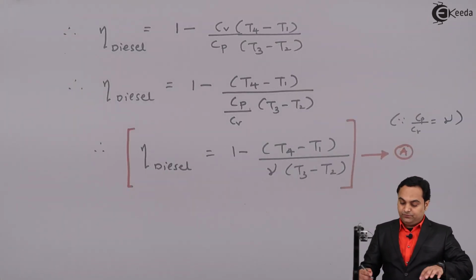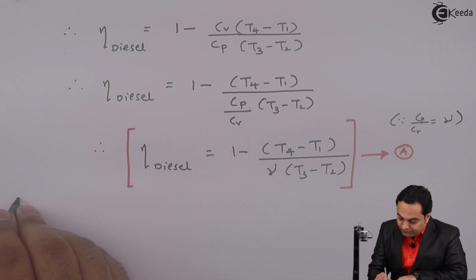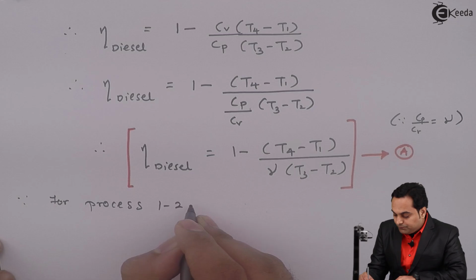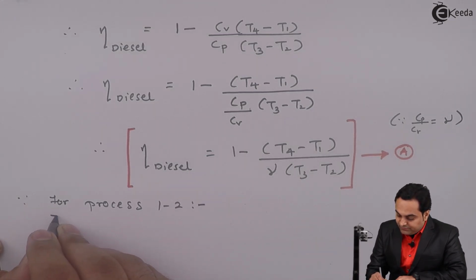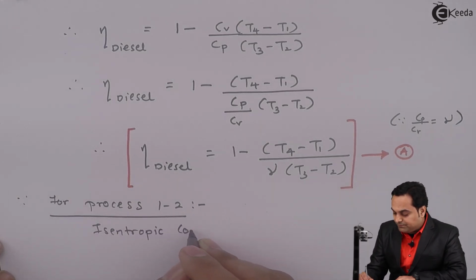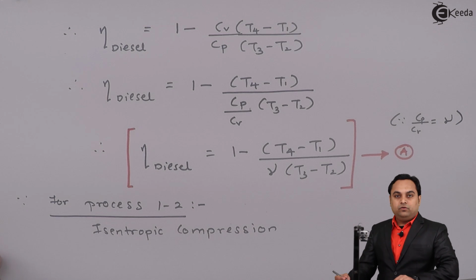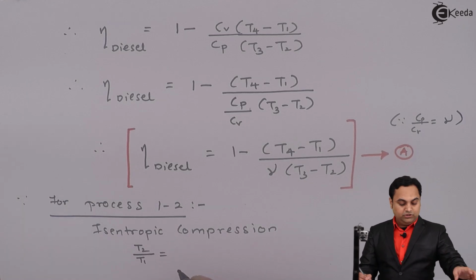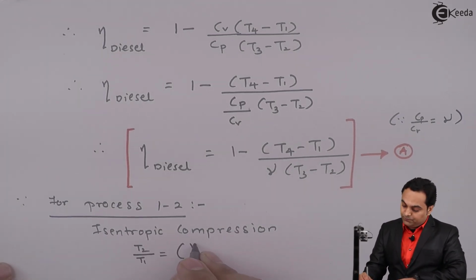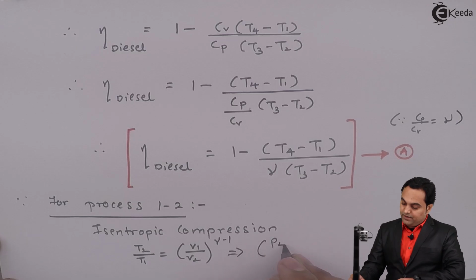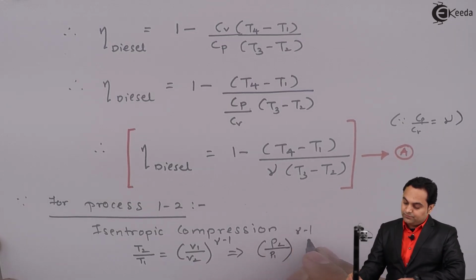So for process 1 to 2, as it is isentropic compression, we can write down T2 upon T1 is equal to (V1 by V2) raised to gamma minus 1, and it is also equal to (P2 by P1) raised to (gamma minus 1) upon gamma.